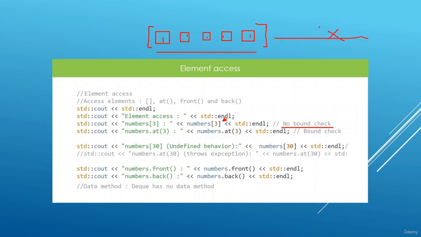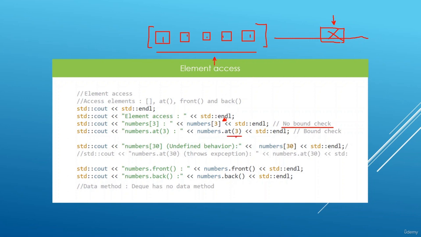This element might belong to another collection or even be used by the operating system, and if you try to access it, you're going to get a crash. You are going to get undefined behavior. That's what I mean here. And the square bracket operator here is really not going to do bound check. You need to know that the index you are trying to use with it is within the valid range of the data you have in your container.